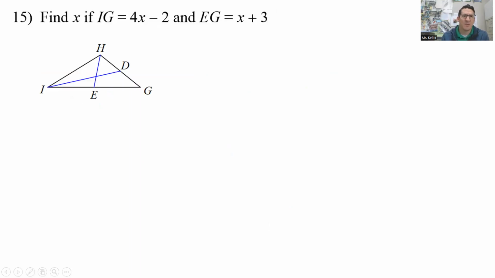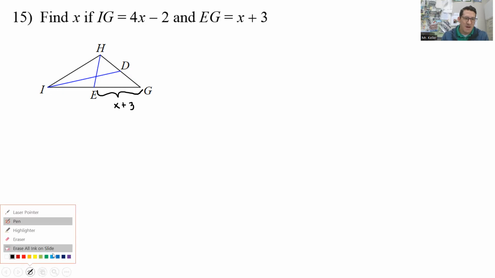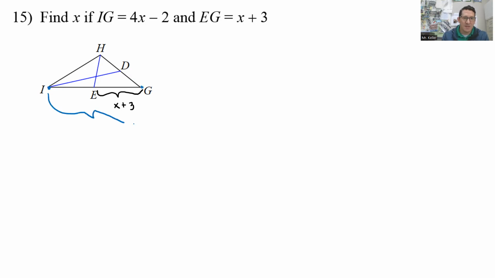Oh, we should probably talk about this one. So IG. So let me label this first. EG is x plus 3. But then we have IG from I to G here. That whole segment is 4x minus 2.